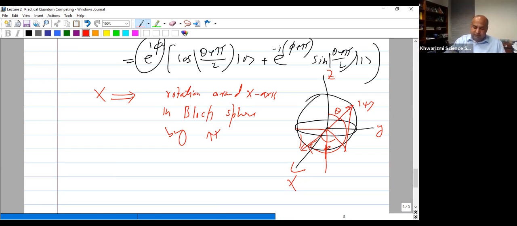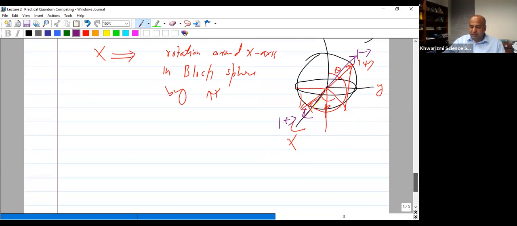This also tells us another important thing, that our state plus, which is along the x-axis, and our state minus, which is along the negative x-axis, will not be affected by this gate X. And we can explicitly check.